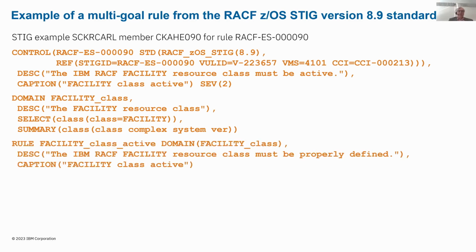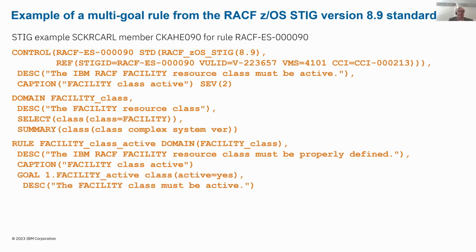Now we have a rule that points to this domain we just defined, domain facility class. And then within the rule, before the end rule, we have a goal. The goal is that the class must be active. And we call the goal 1.facility_active. So typically we try to organize the goal names in such a way that they coincide with the list in the standard.